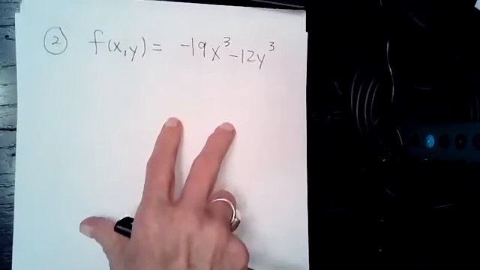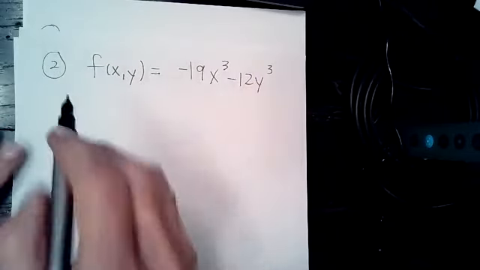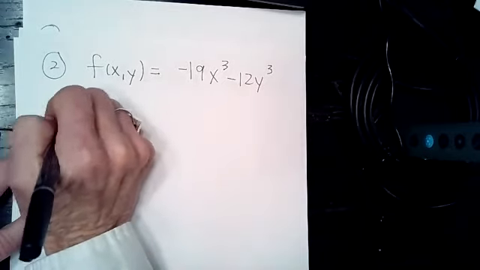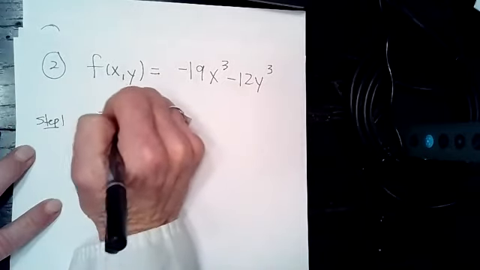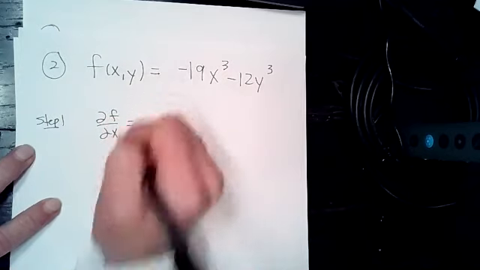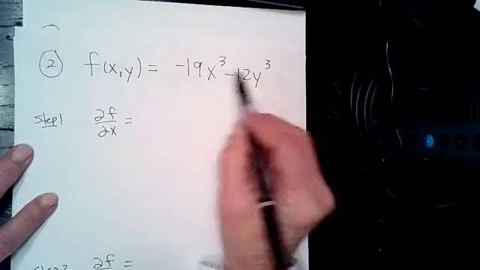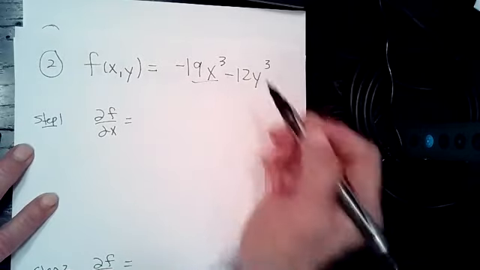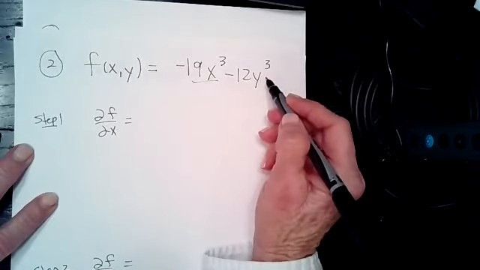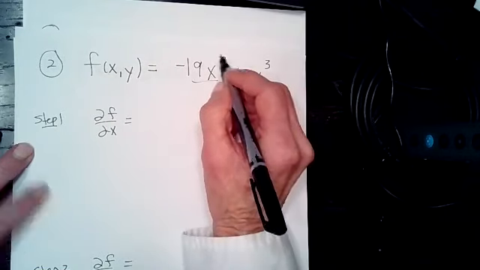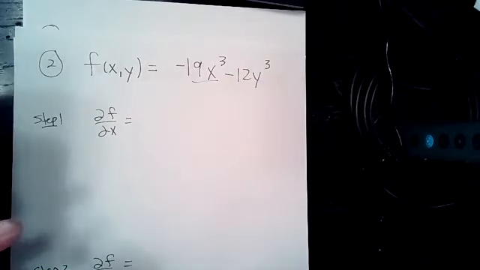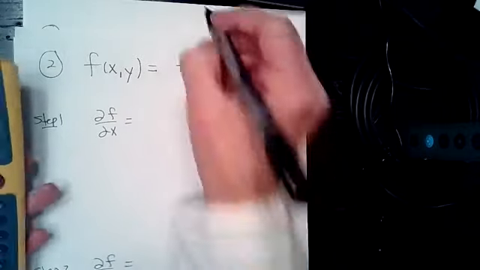Let's look at question 2. For step 1, they ask me the derivative of f with respect to x, and for step 2, the derivative of f with respect to y. If I'm taking the derivative with respect to x, x is my variable term and y is my constant term. So I'm just going to take the derivative of negative 19x cubed. I'm using my rule 3.